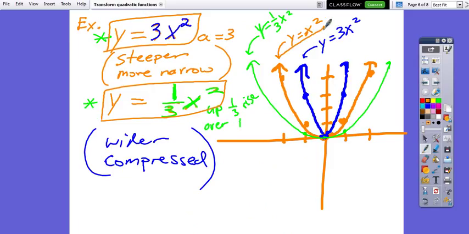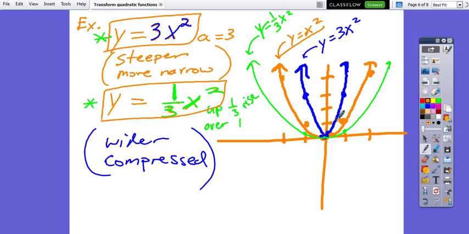And we see that y equals 3x squared is inside of that parent function. Therefore, it is more narrow. Or you could think of the sides as being steeper due to the A value being a 3, as if my slope got steeper. So it's steeper and more narrow.